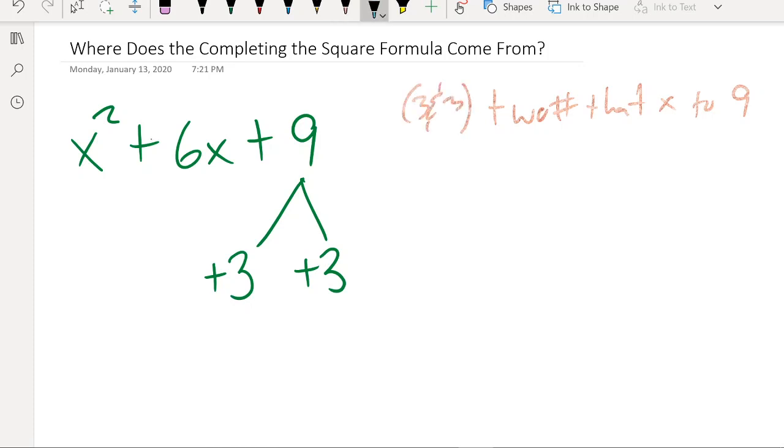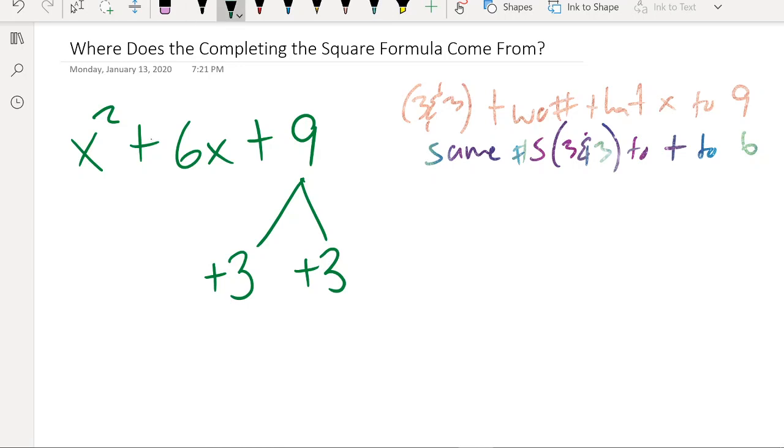And then I need the same numbers, 3 and 3, to add to 6. And they have to be the same number if I'm completing the square.